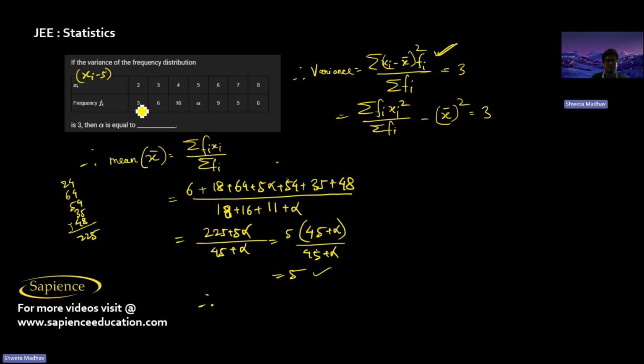Since the mean value is 5, that will be 2 minus 5, so 3 square, 3 minus 5, so 2 square, 4 minus 5, 1 square, 5 minus 5, 0, then 6 minus 5, that is 1 square, 7 minus 5, that is 2 square, 8 minus 5, 3 square. So therefore, now the variance is 3, so that will be summation fi into xi minus x bar whole square divided by summation fi.